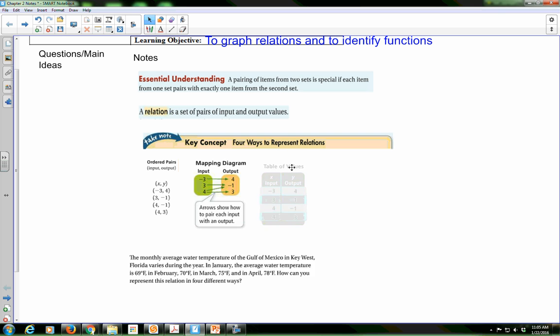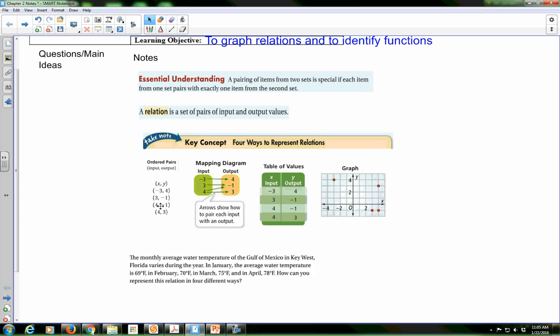All right, and then we can also make a table of values, and we have definitely done this before in math, where your x values or your inputs are on the left-hand side and your outputs are on the right-hand side. And last but not least, a way we have represented relations is with a graph.